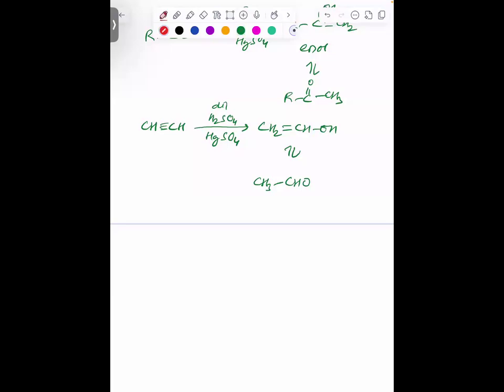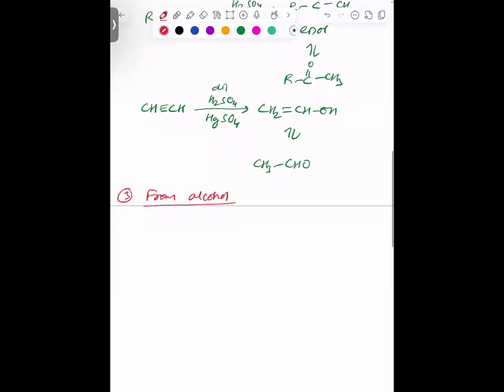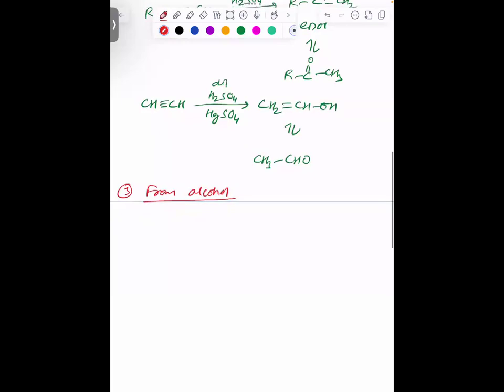Then next, this is the preparation of aldehyde and ketone. The next method you have already studied in the alcohol chapter: from alcohol. So how to prepare aldehyde and ketone from alcohol?